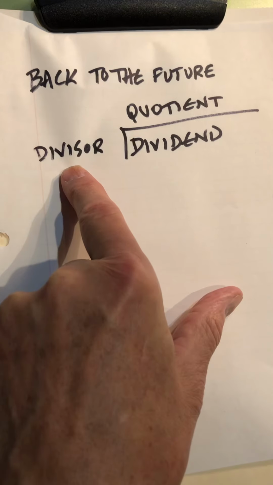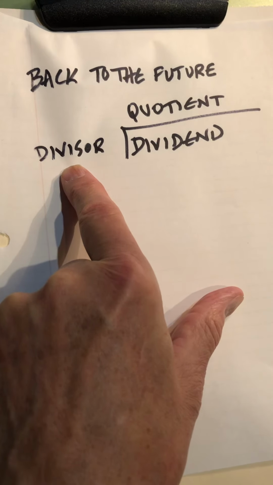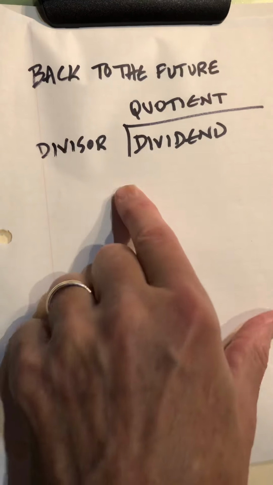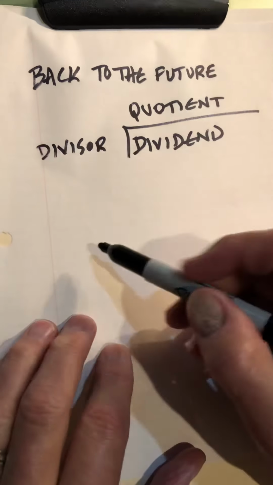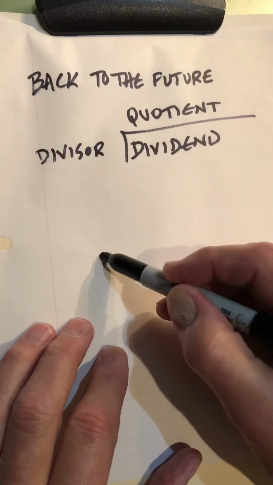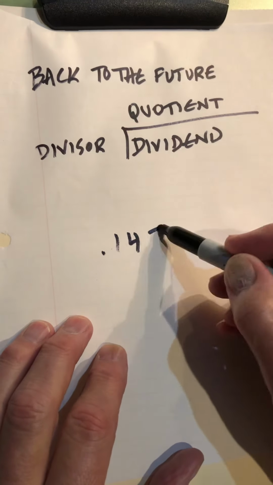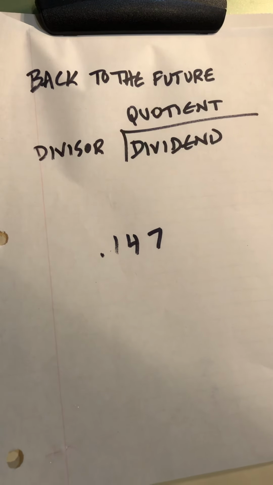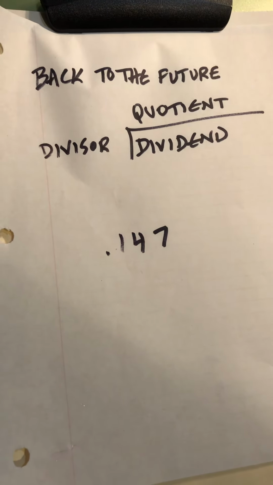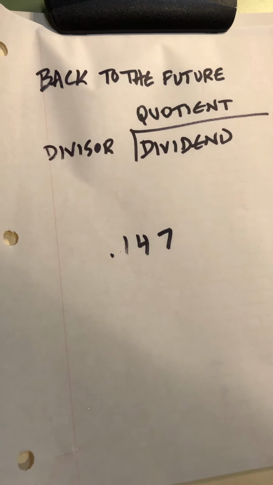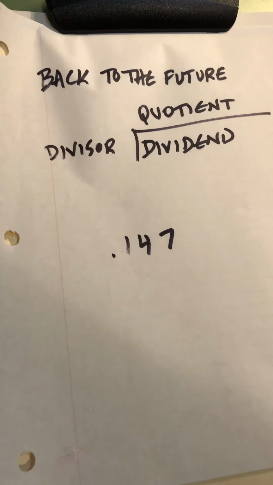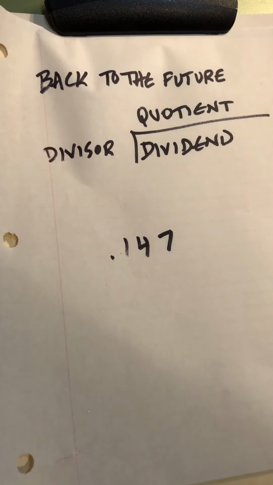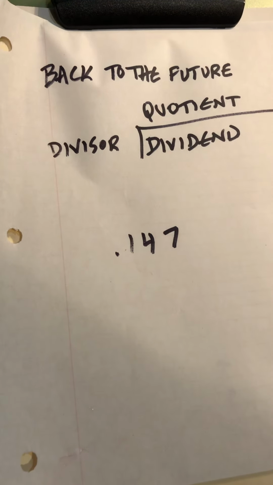Okay, where have we seen divisor lately? We just talked about the Dow divisor, didn't we? And in that case, we said that the Dow divisor, most of you said, was 0.147. And remember, when we started talking about stocks, they were averaging on the Dow Jones about 150 per stock, and now they're averaging about 100.